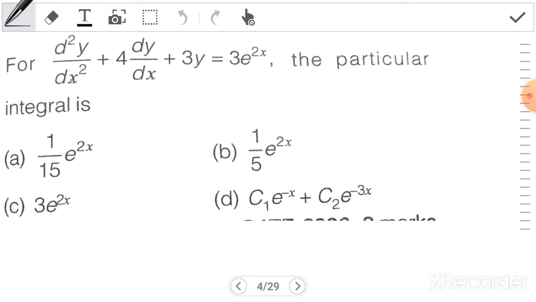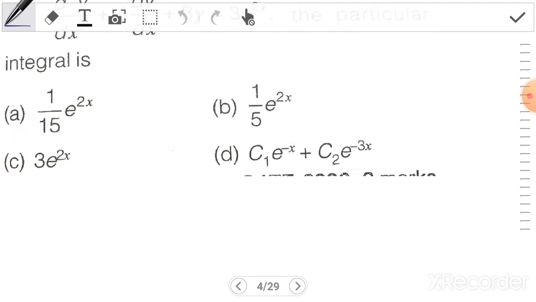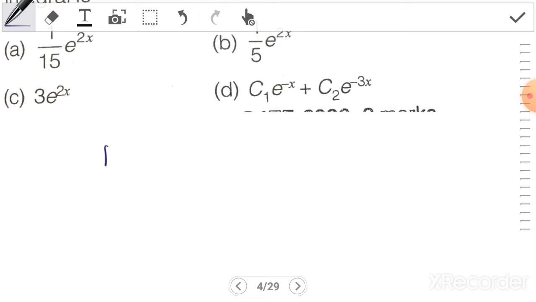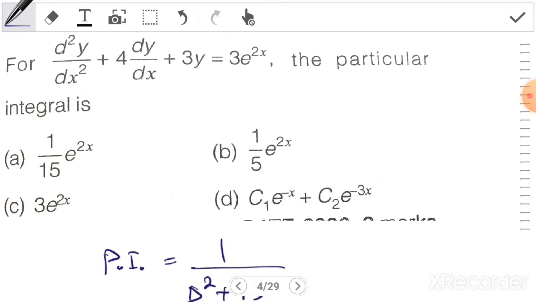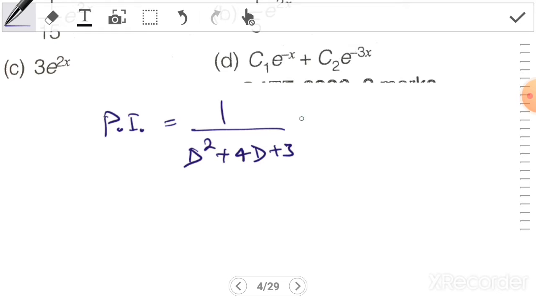For d²y/dx² plus 4 dy/dx plus 3y is equal to 3e^(2x), the particular integral is, for this form, equal to 1 by (D² plus 4D plus 3) operating on 3e^(2x).